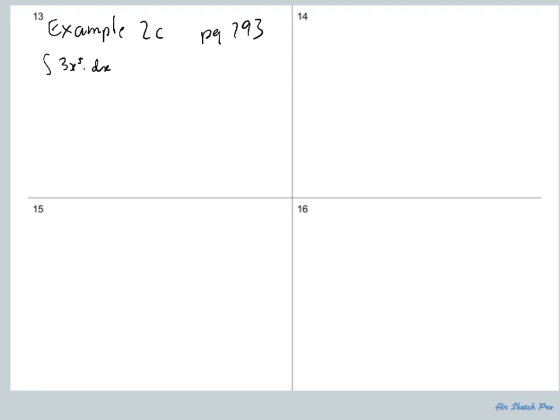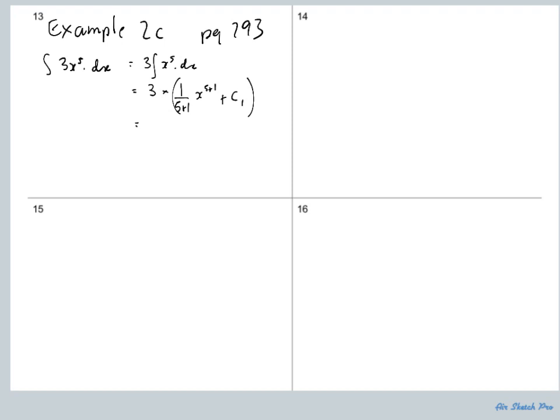Now over the page is the solution to that. You can see that what they've done is they've taken out the constant. They've then used a standard power rule, like so, and they put plus C1 there.